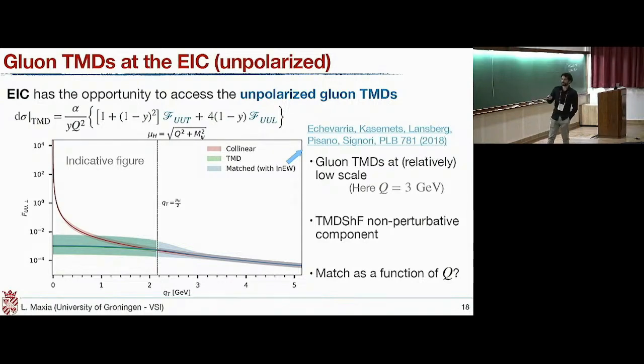So data here can extract also information about the non-perturbative content that we cannot know apart from making some model and extracting from data. And also another possibility that maybe can be done at the EIC due to the high luminosity and precision is checking this match as a function also of Q. So checking for different Q. And I will go a little bit more on this point at the end.